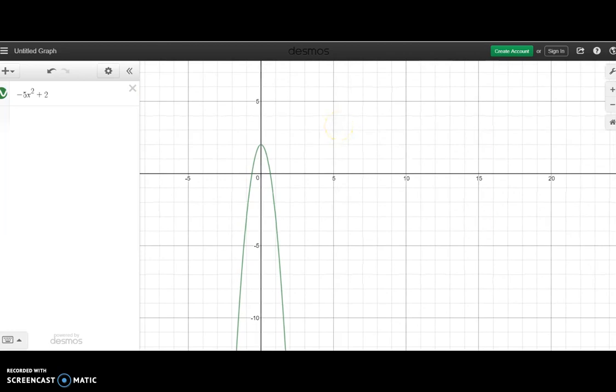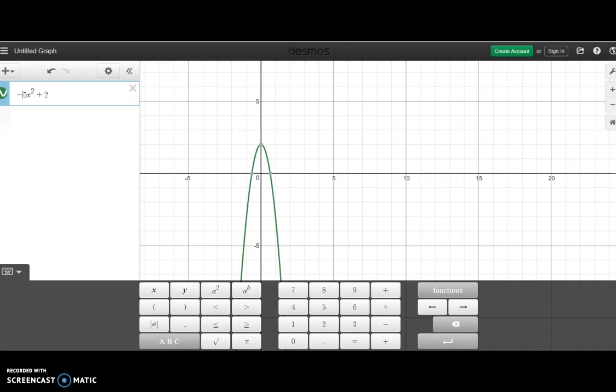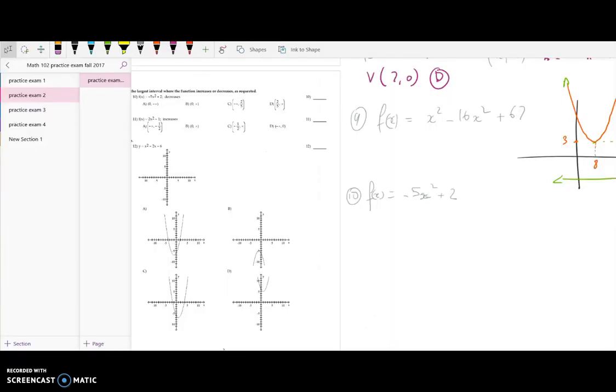I can see that from x equals 0 to plus infinity, this is where my function is decreasing. So the answer was supposed to be 0 to plus infinity, and the answer was supposed to be B for number 10. Okay, I repeat, B.